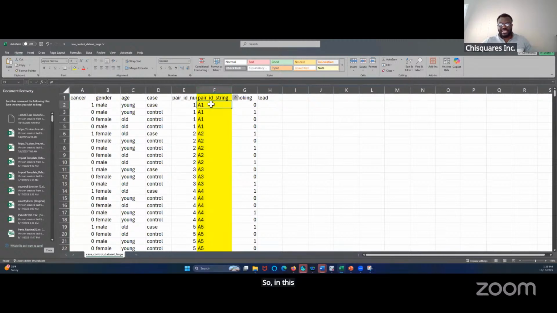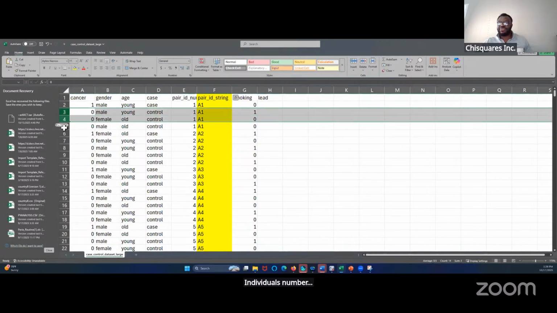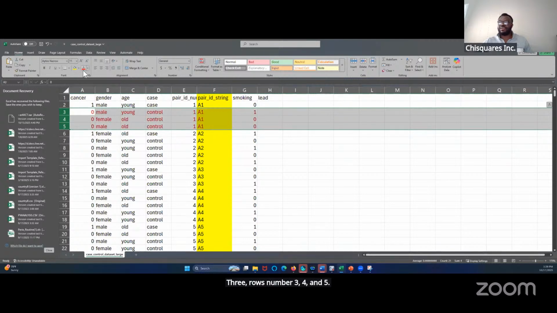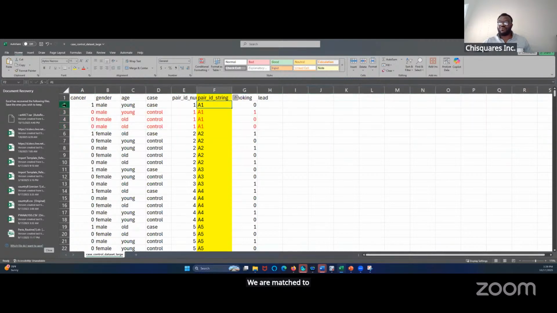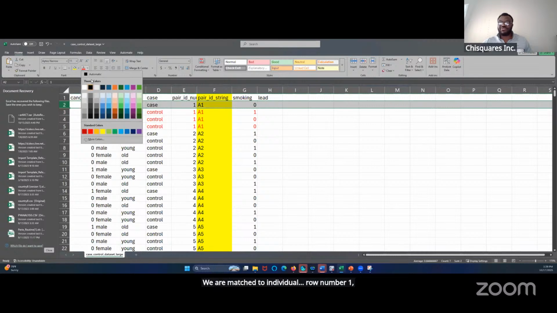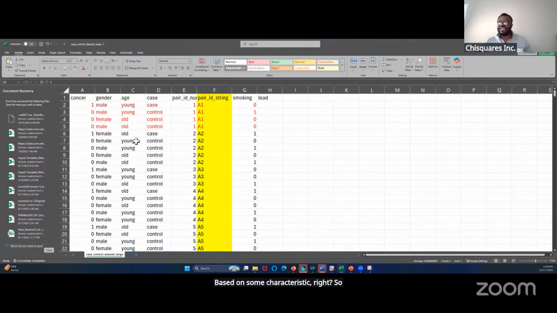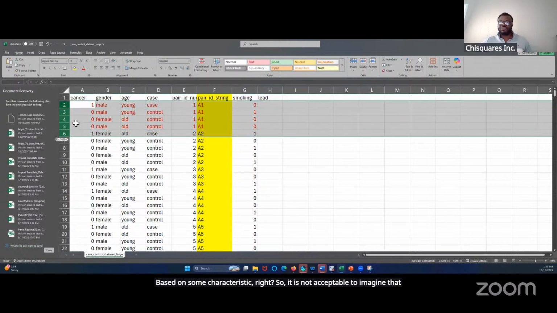We need to first of all understand the philosophical issues at play. Rows number 3, 4, and 5 were matched to row number 1 based on some characteristic, so it is not acceptable to imagine that these rows are independent of each other.